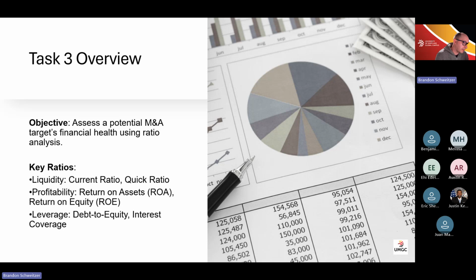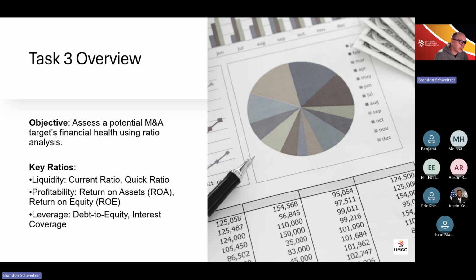You're going to want to calculate the current ratio, which is current assets divided by current liabilities, the quick ratio, which is a few current assets, not all of them, divided by current liabilities, the profitability ratios, return on assets and return on equity, and your leverage ratios, debt to equity and interest coverage.